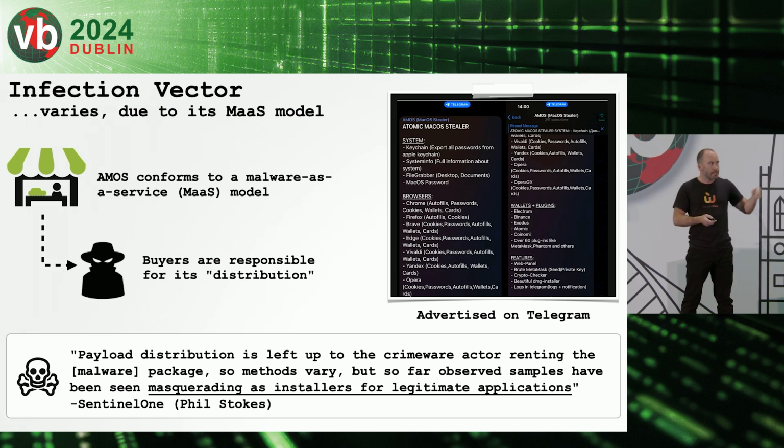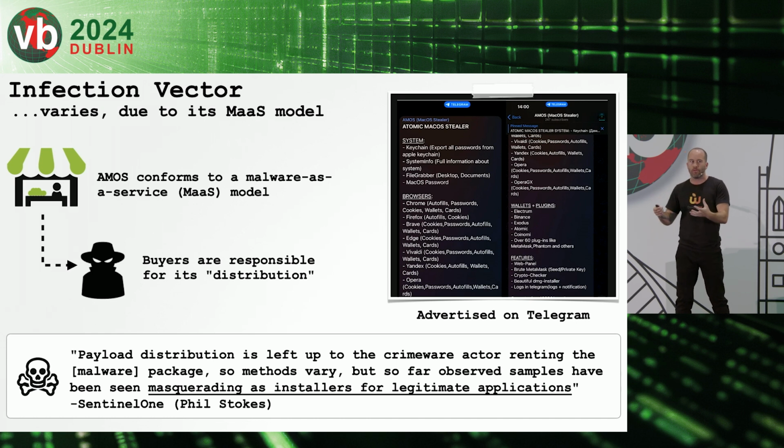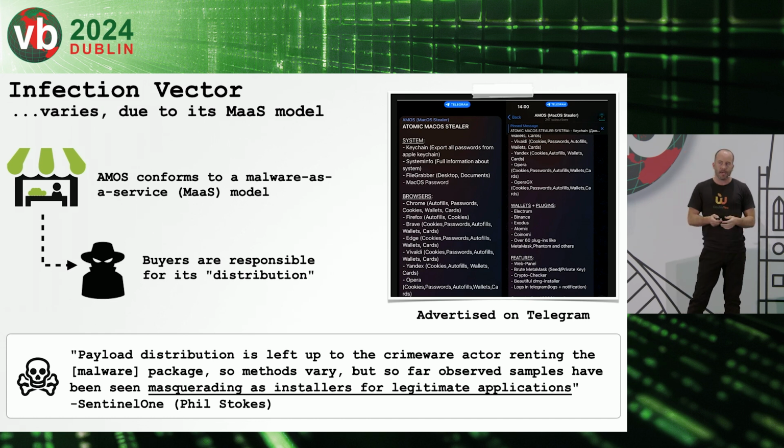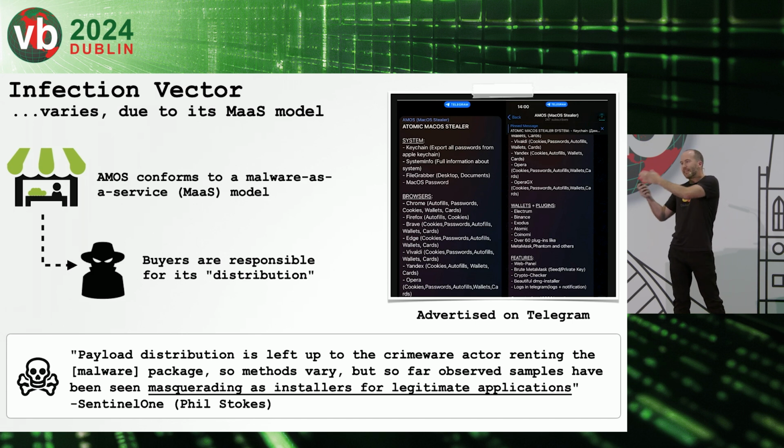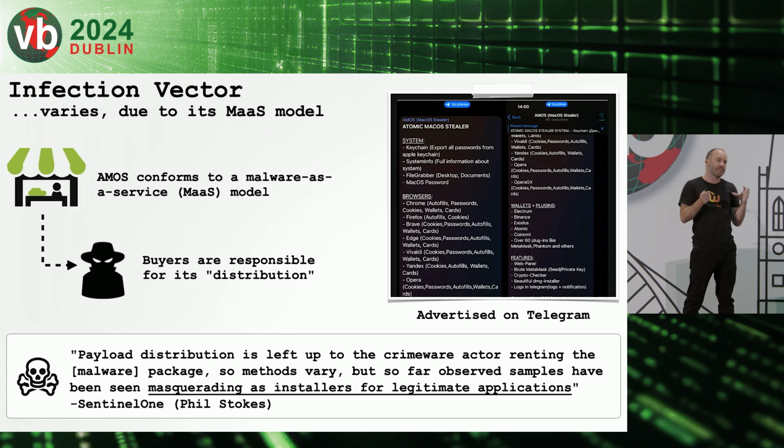As we can see, the quote on the slide shows that these actors are responsible for infecting Mac users. This makes a lot of sense. This allows people who are good at targeting victims to do their thing, whereas the malware developer who's good at writing code can focus on that.